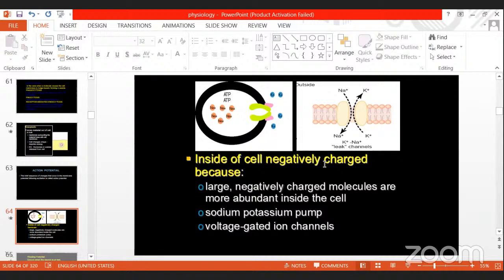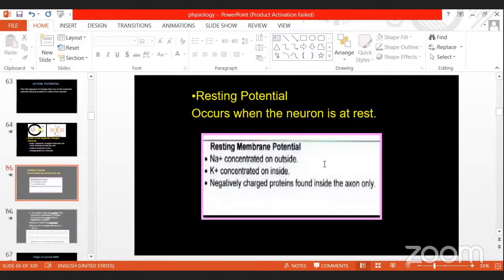Also there are voltage gated ion channels present in the cell. So the cell is negatively charged inside. The resting potential: when a neuron or cell is at rest, the sodium concentration is more outside, the potassium concentration is more inside, and negatively charged proteins are found inside the cell.